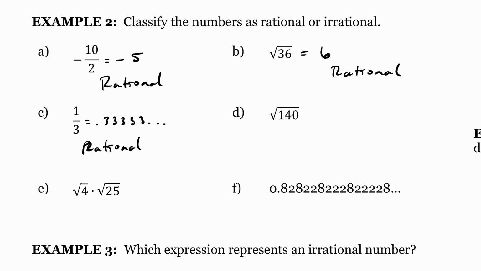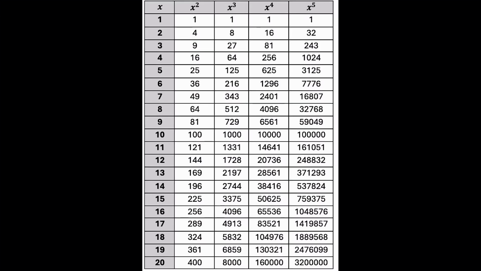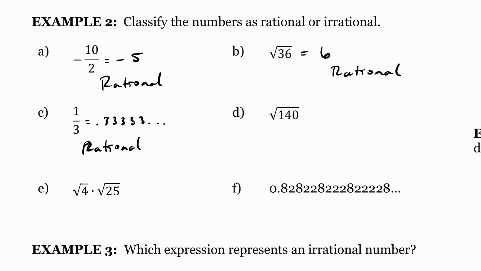The square root of 140. Well, 140 is not on my list of square roots, but one of these numbers is. So I'm going to simplify it first. Before I make a decision, I need to simplify it.